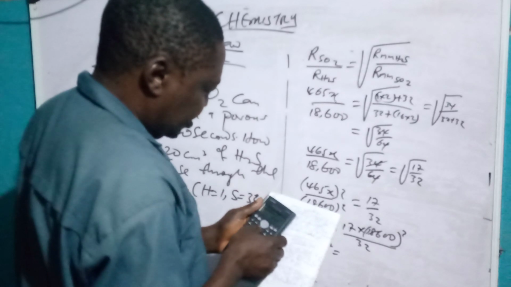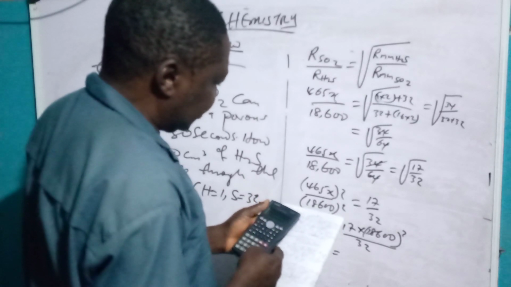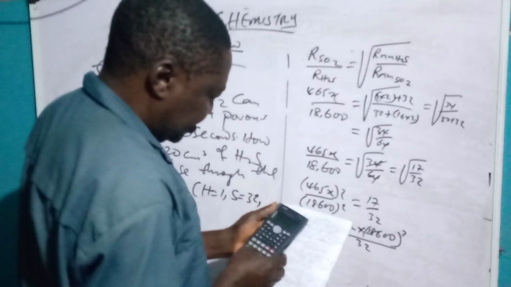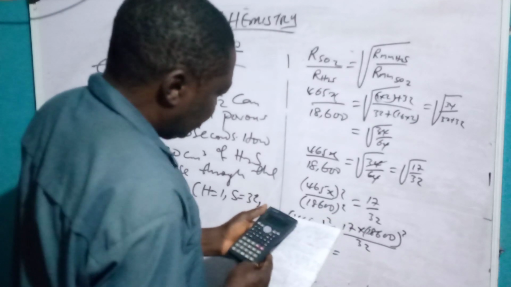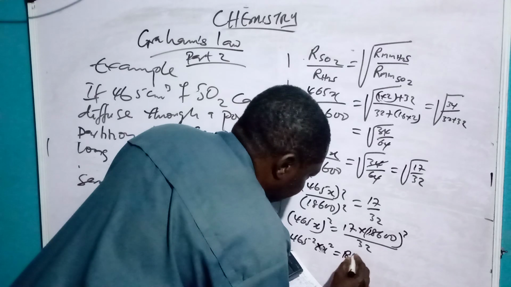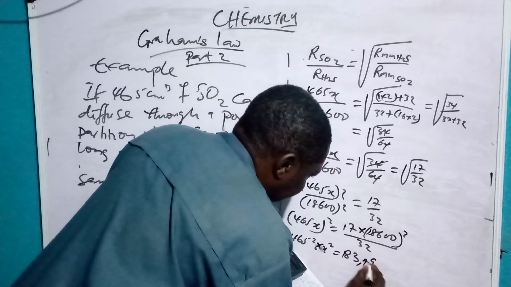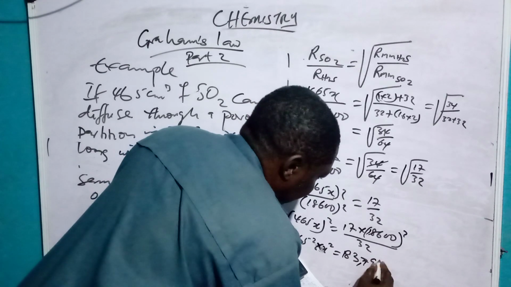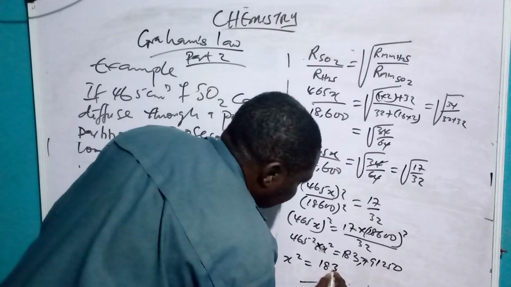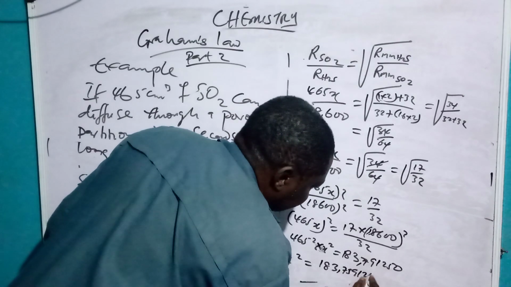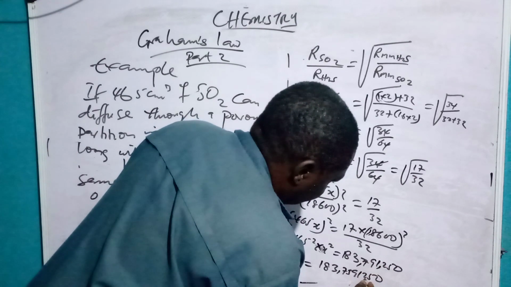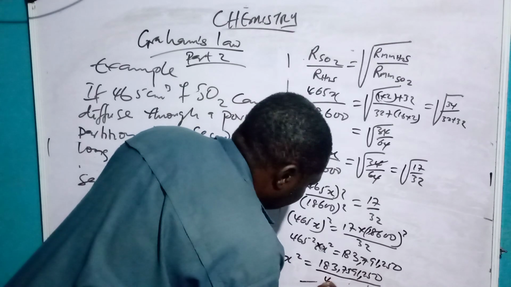The value we are going to have is 18,379,1250. So x squared is equal to 18,379,1250 over 465 squared.